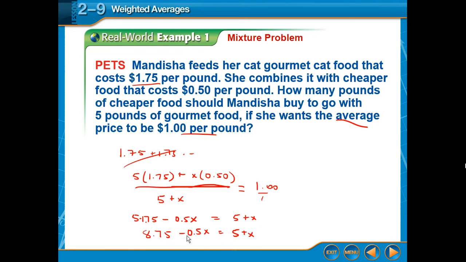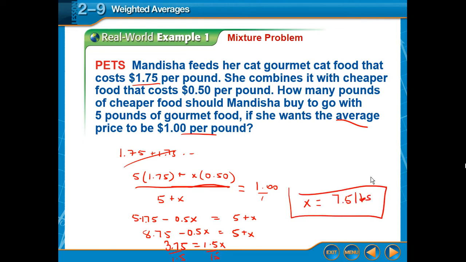I want to get the variables together and the constants on the other side. So subtracting 5, I get 3.75, and subtracting 0.5x from both sides, I get 3.75 equals 0.5x. So dividing both sides by 0.5, I get x equals 7.5 pounds, and that's our answer.